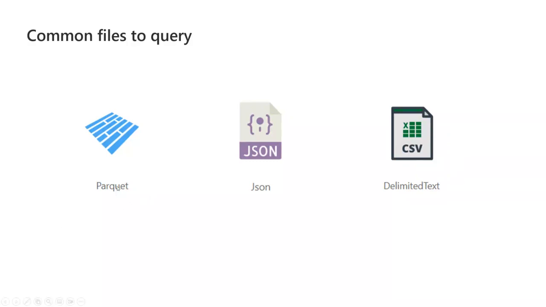Its data is structured by column, which is really efficient for analytical workloads. You also have the ability to query JSON files, which we're going to see here, and any delimited text files like CSV or any flat files of the same type, right?